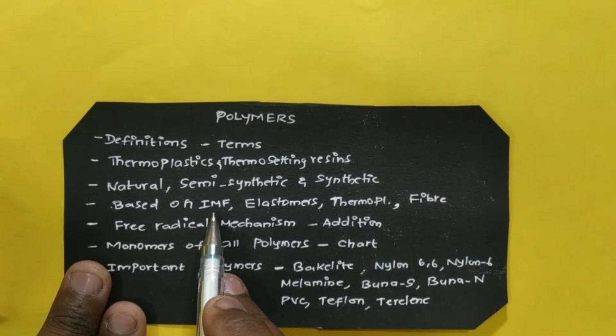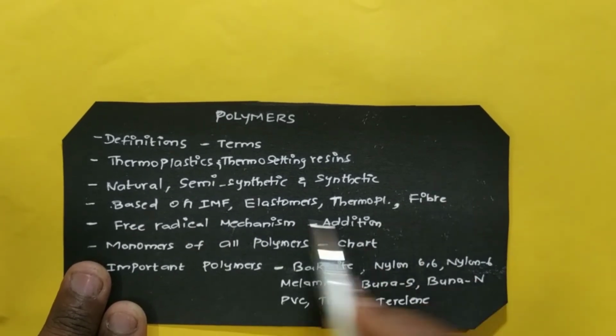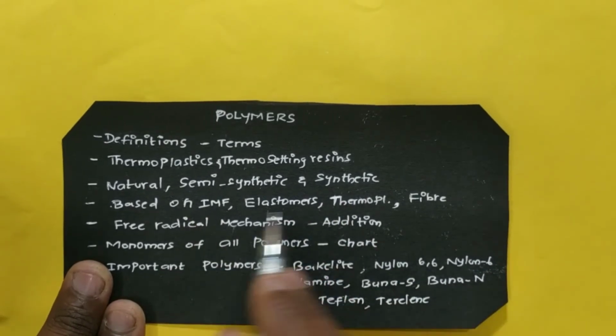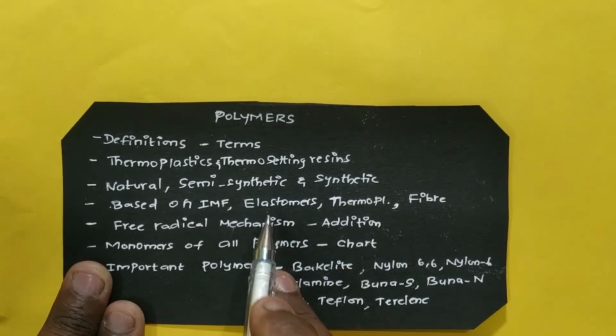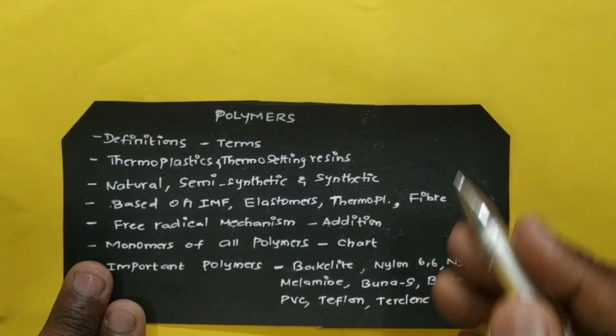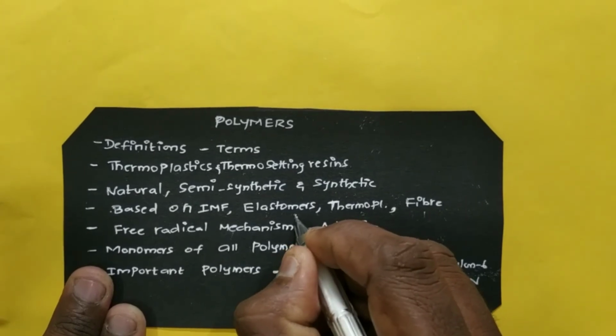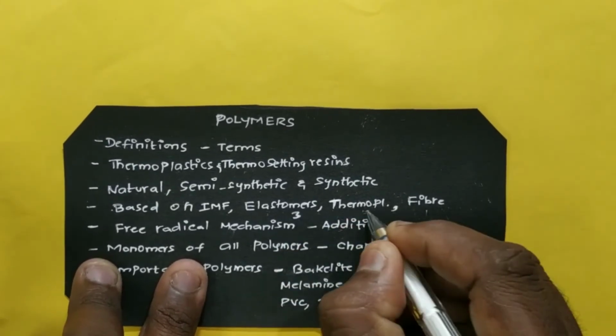Based on intermolecular forces, how the elastomers, thermoplastics and fibers will be classified. They'll give you some 3 compounds, and based on intermolecular forces, which will be very strong, that one takes the first order, this takes the second order, this takes the third. They will be asking that kind of order.